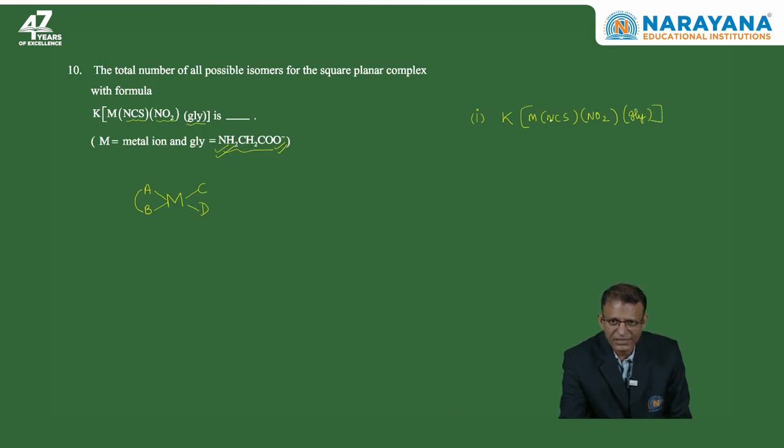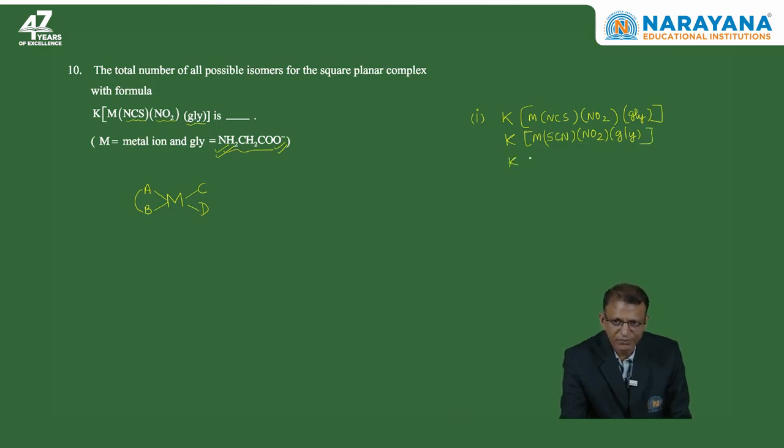Now the other is I can make the linkage isomer of NCS. Here the donor atom is nitrogen. If I reverse it, the donor atom will be sulfur. So I can write that this is M, SCN, NO2, GLY. This is another linkage isomer to the first one.